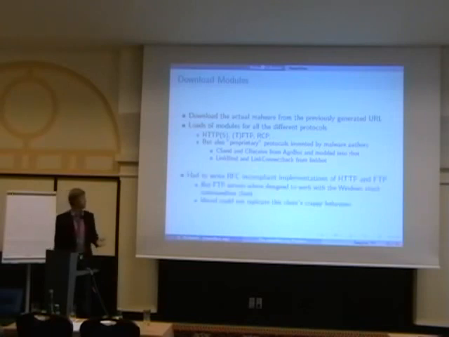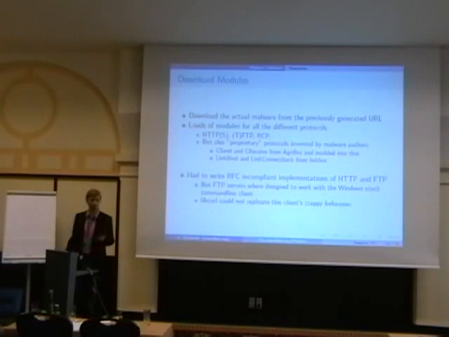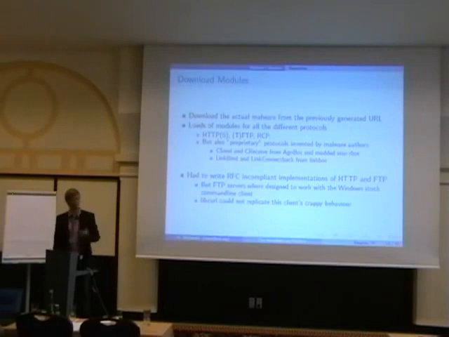And also for HTTP and FTP, we first used libcurl, which didn't work out all the time because we had to write RFC non-compliant implementations of these two protocols, because the Windows implementations of these protocols were also RFC non-compliant. So if you use the stock FTP command line client, it allows you to do things the normal FTP RFC doesn't allow you to do.